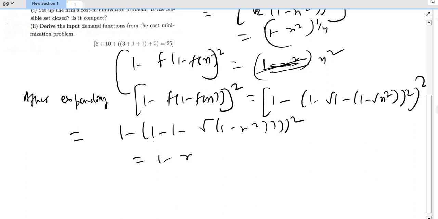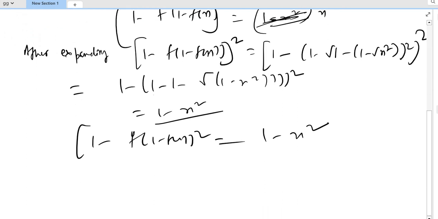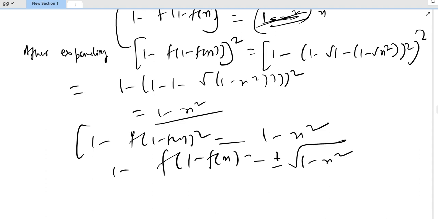So finally this value will give you 1 minus x square. Therefore we have 1 minus f of 1 minus f(x) squared equal to 1 minus x to the power 2. Taking the square root of both sides, 1 minus f of 1 minus f(x) is plus minus root over 1 minus x square.